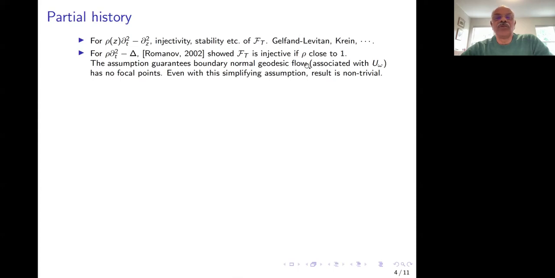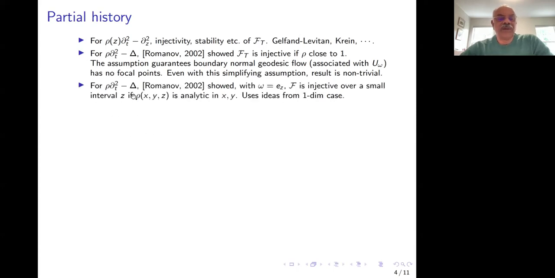This assumption, rho close to 1, is important for that. But even with no focal points, it's a difficult argument, so the result is non-trivial even for rho close to 1.